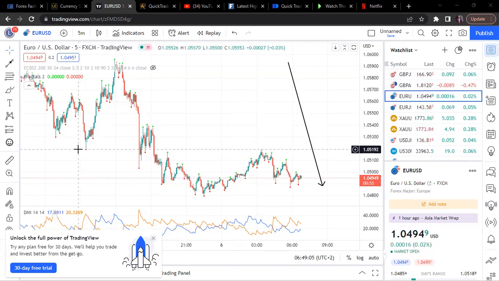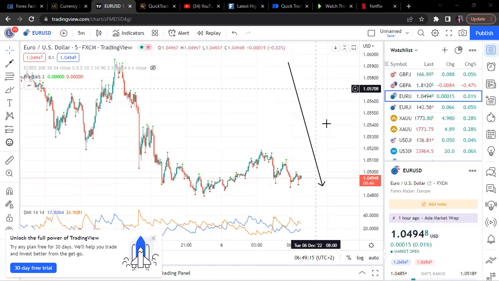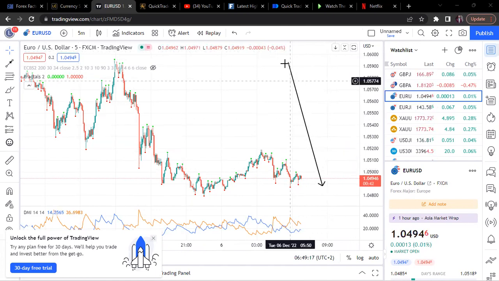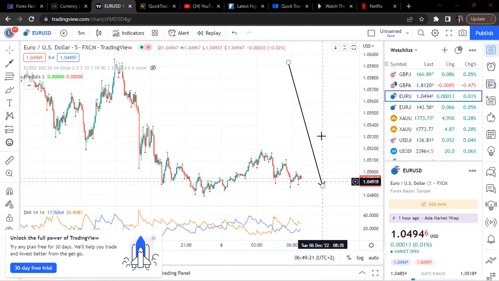Now, let me put that into practice and into technicality. On a downtrend, and remember EUR/USD is a downtrend, what we want to see is a market pushing down, correct? Also, we want to sell. We want to look for the next best place to sell. Now, here's a very important fact.